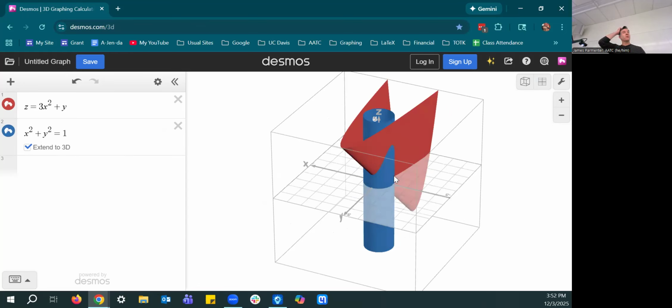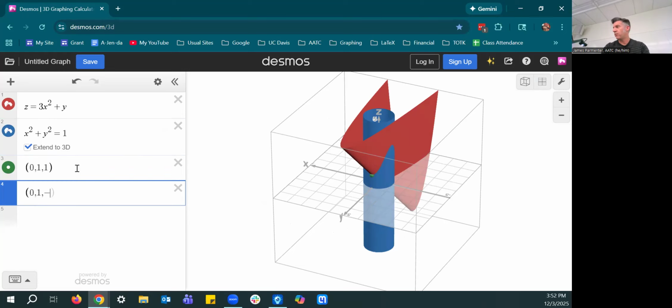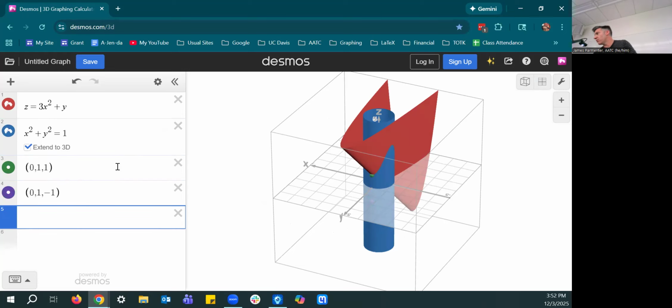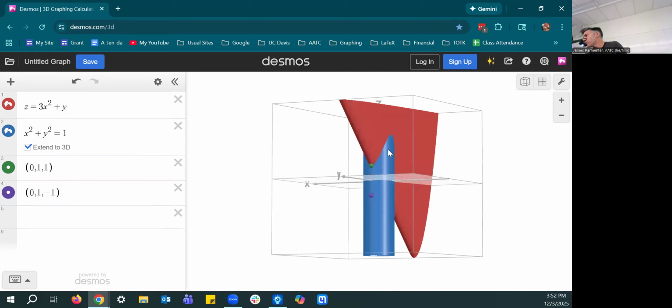Well, it's not a solid, right? It's a surface. But let's actually plot the points we talked about. So the points were 0, 1, 1 and 0, -1, -1. Apologies.